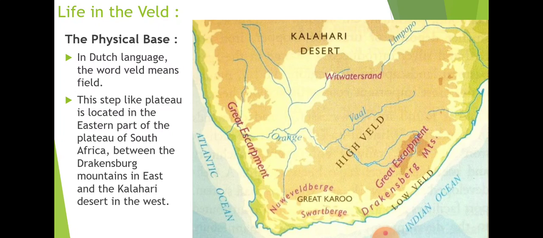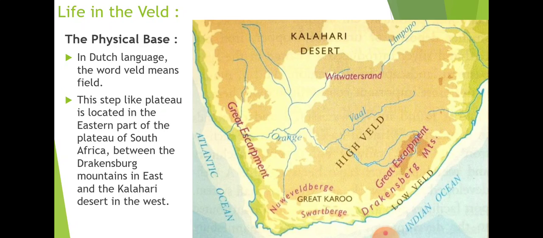Witwatersrand is another highest part of the high veld, with a maximum height of about 1700 to 1800 meters, that runs through the veld, means it crosses the veld. This is the high ridge, or the highest point of the veld, where rich deposits of coal, manganese and gold are found.